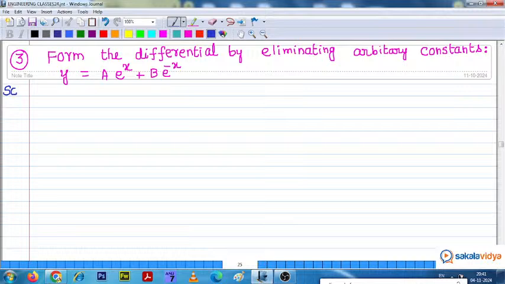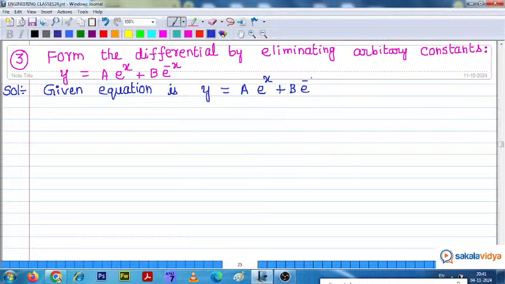The given equation is y is equal to a times e power x plus b times e raised to negative x. Say this is equation 1.